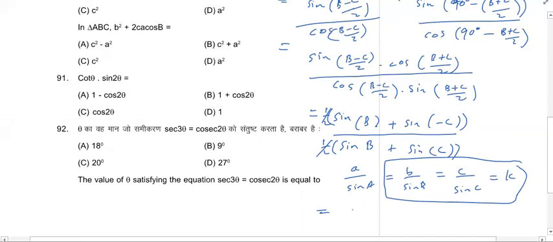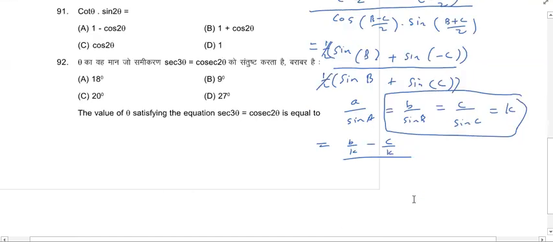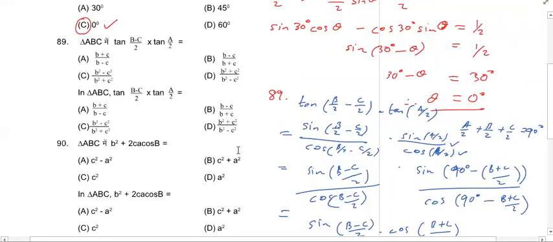Sine B is b over k, minus, what is sine C? c over k, divided by b over k plus c over k. If you simplify this, you're going to get b minus c over b plus c. So your solution should be (b minus c) over (b plus c). So your answer here is B. Correct option.